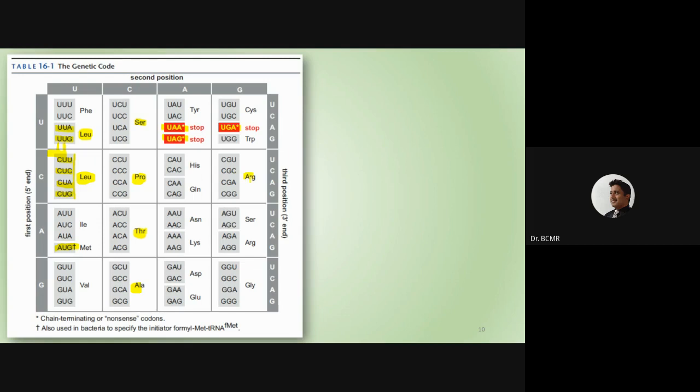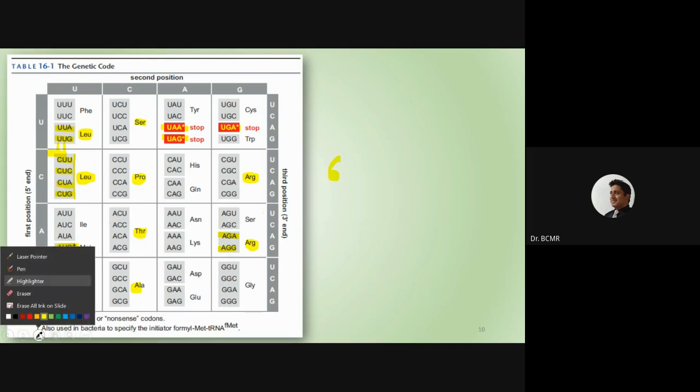Arginine is another one which has 6 codons. Why I'm bringing this up now is that if you expect arginine to have 6 different codons, then you're likely to also expect that there will be 6 tRNAs.